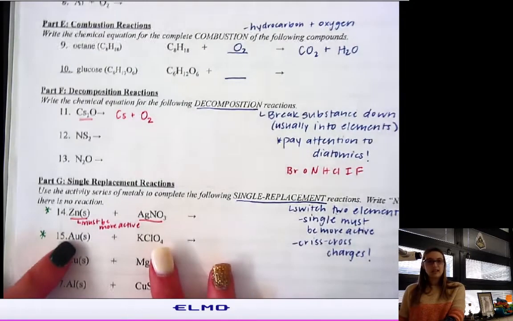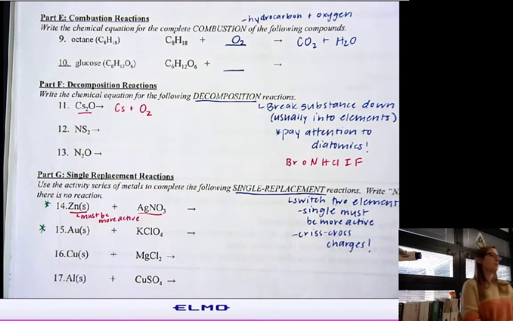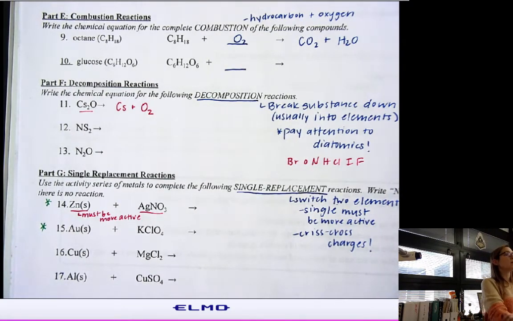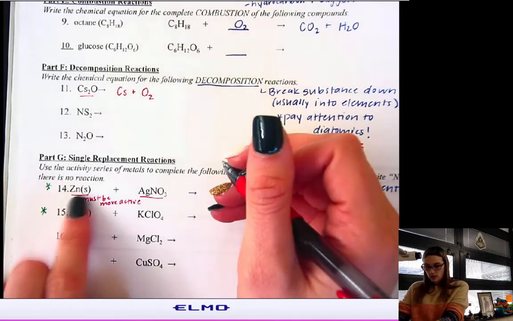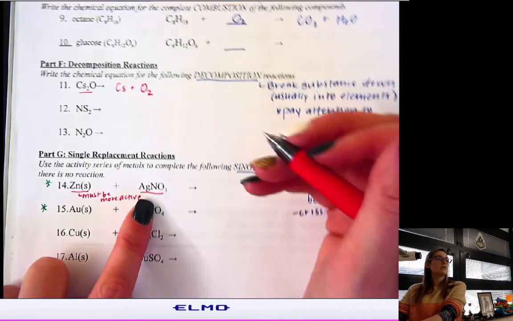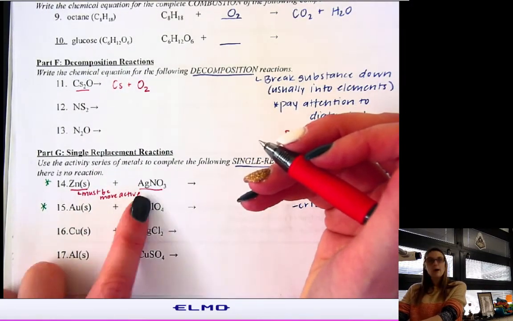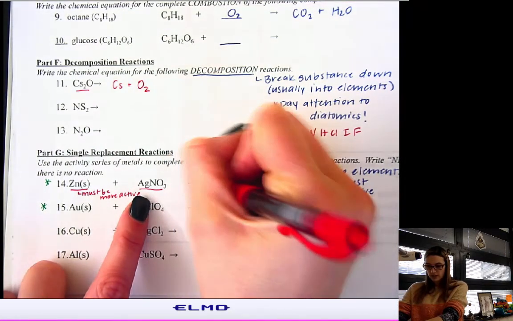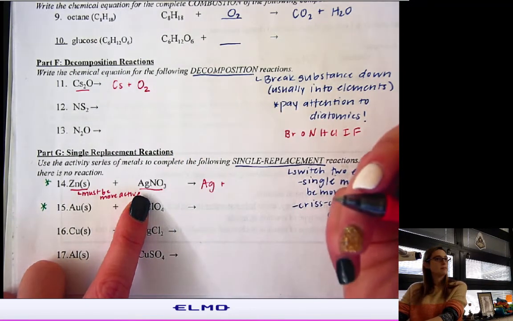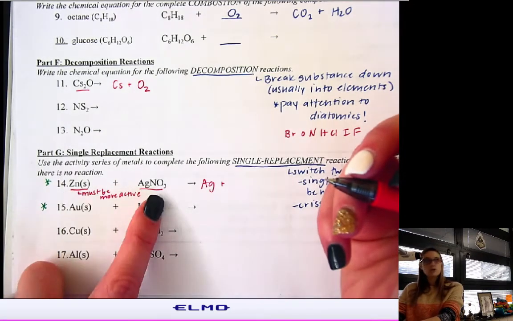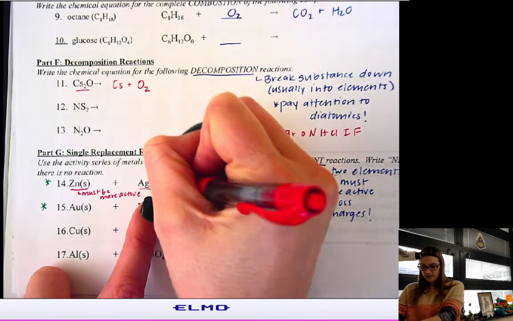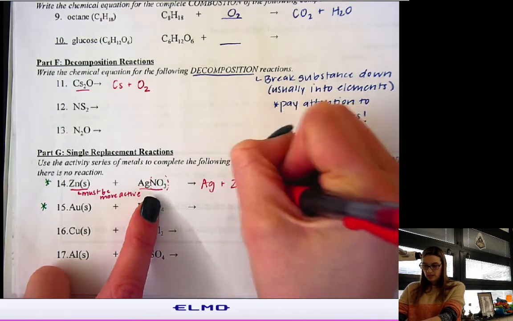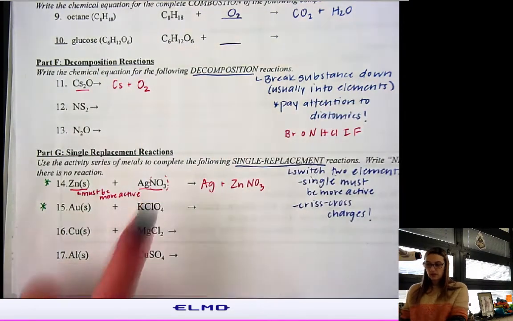So because zinc is the single one and is more active, this reaction will take place. In order for a single replacement reaction to occur, whatever single needs to be more active. So that means that zinc is essentially going to kick silver out. Zinc's going to come up and kick silver out. So silver is going to be on its own now, just Ag. Zinc is going to combine with NO3. NO3 is a polyatomic ion. So zinc is going to combine with NO3.